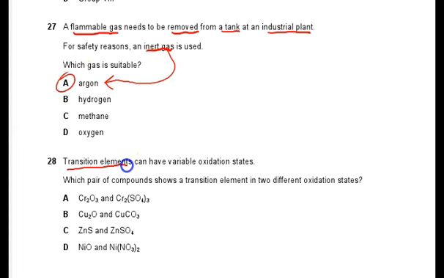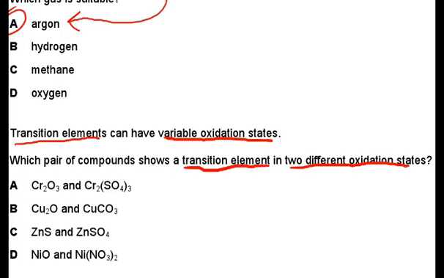Okay, transition element can have a variable oxidation state. Which pair of compounds shows a transition element in two different oxidation states? So if you look at here, like chromium, the first one. Let me zoom this.